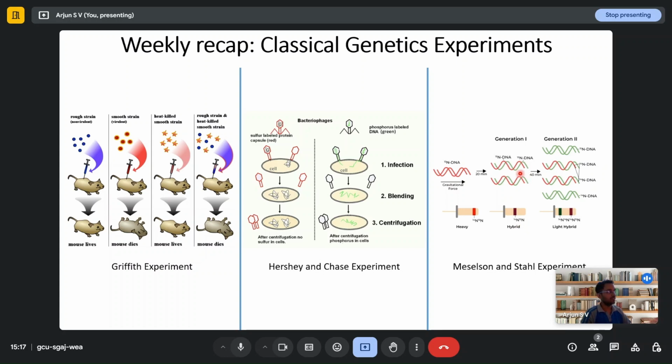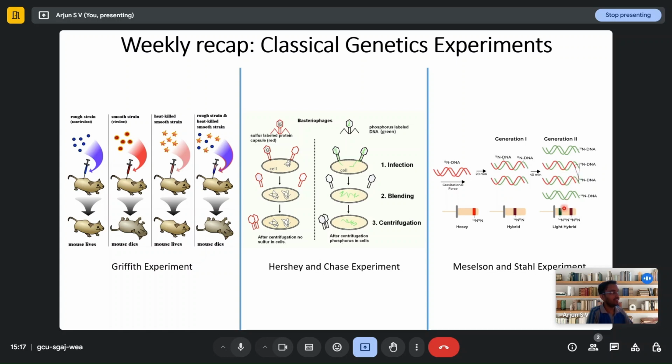They allowed these strands to replicate once more, and after that, when they isolated the samples and performed density gradient based centrifugation, they were able to observe two different bands. One band was purely N14 N14, where both the strands were labeled with N14 nitrogen, and the other set of strands had N14 N15, where one strand had N14 DNA and the other strand had N15 DNA.